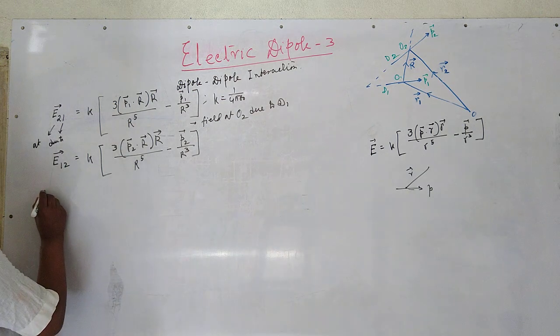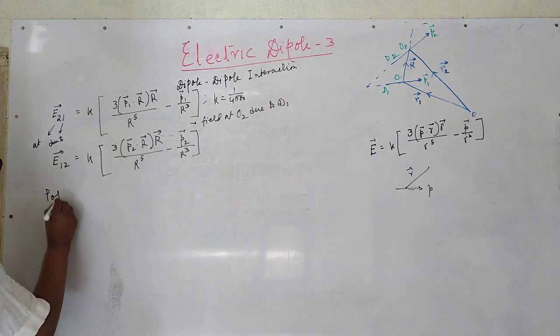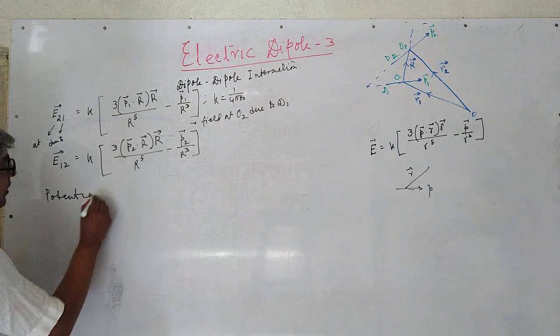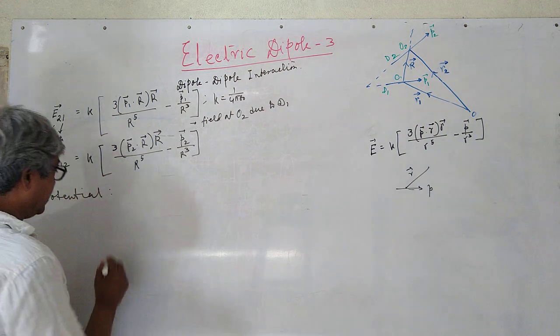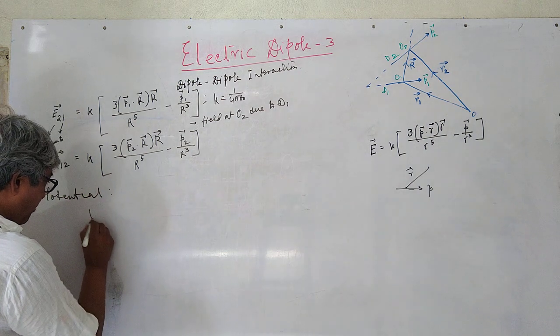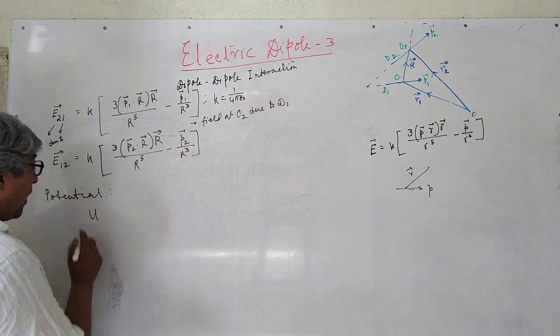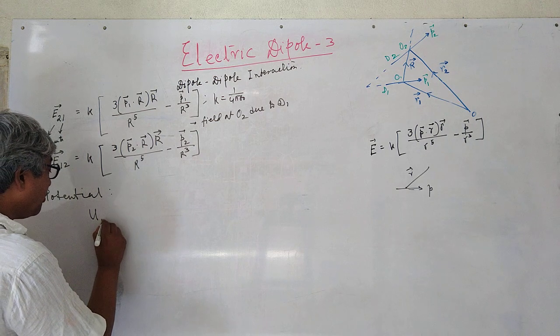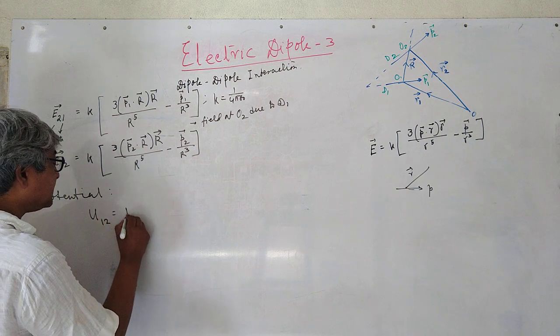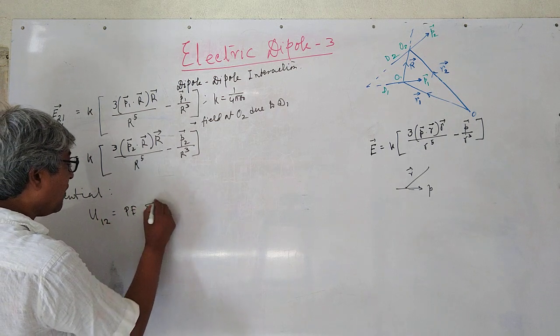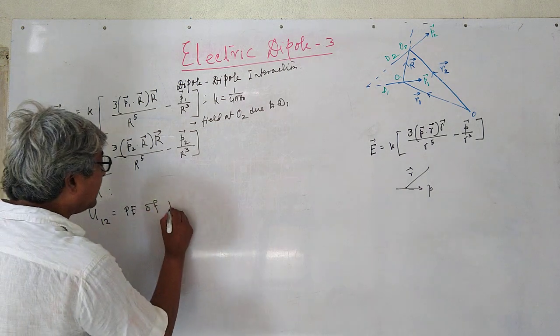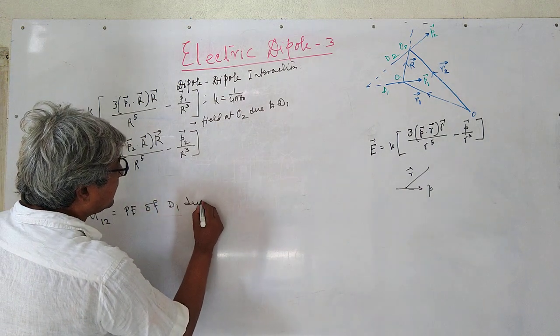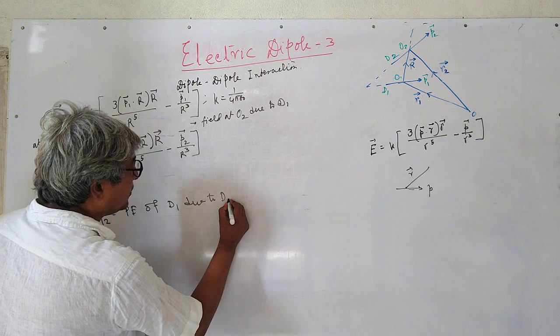Now come to the potential energy. We are interested in the potential energy of dipole 1 in the field of 2. So this is the PE of D1 due to D2.